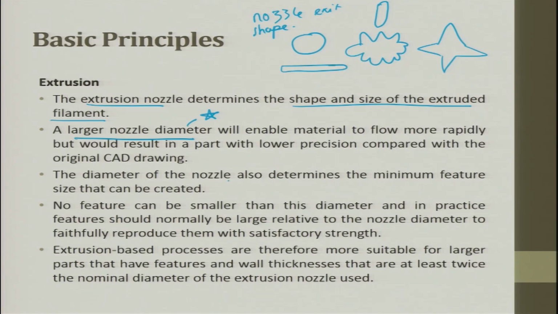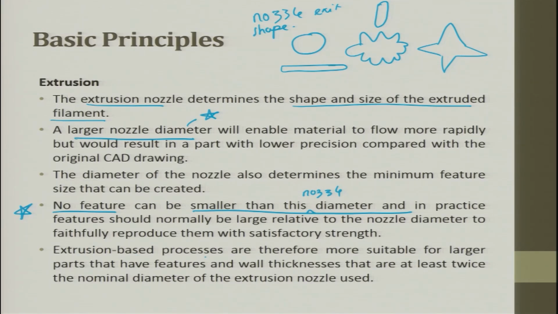The diameter of the nozzle also determines the minimum feature size that can be created. No feature can be smaller than the diameter, and in practice features should normally be large relative to the nozzle diameter to faithfully reproduce them with satisfactory strength. So, no feature can be smaller than the nozzle diameter. This is also an important point.